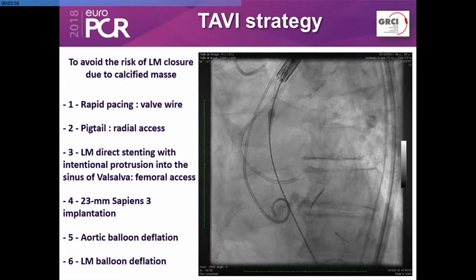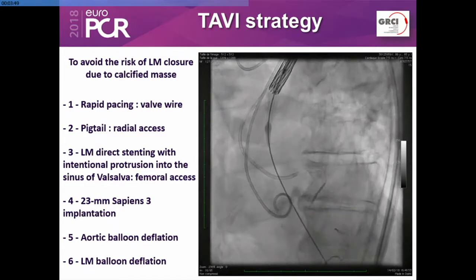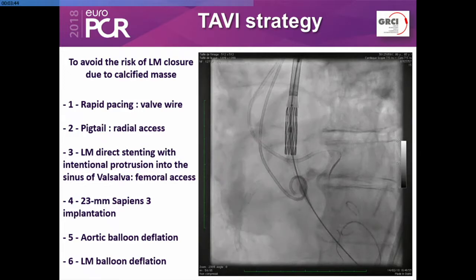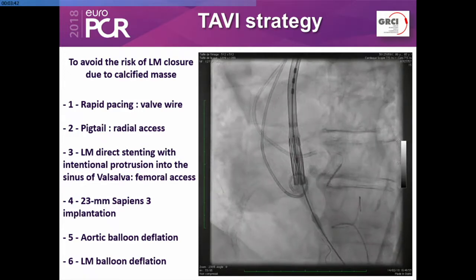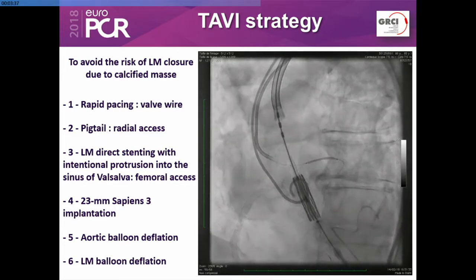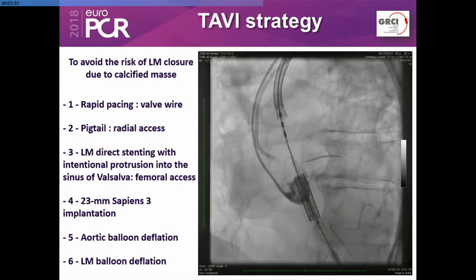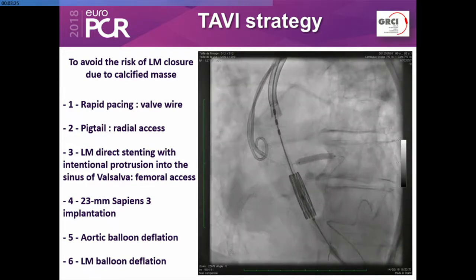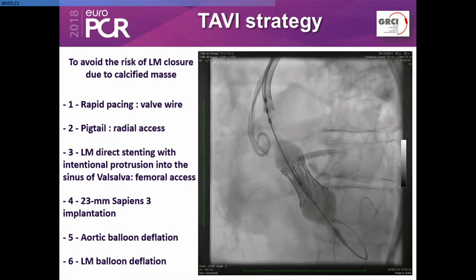So we advanced the stent into the LAD with a guiding catheter, and we advanced the TAVI through a conventional access. You can see the valve going across the aortic valve. The next movie showed that both stent and TAVI were in correct places. So we went to inflation: we rapid paced the patient, inflated the stent, and inflated the TAVI.